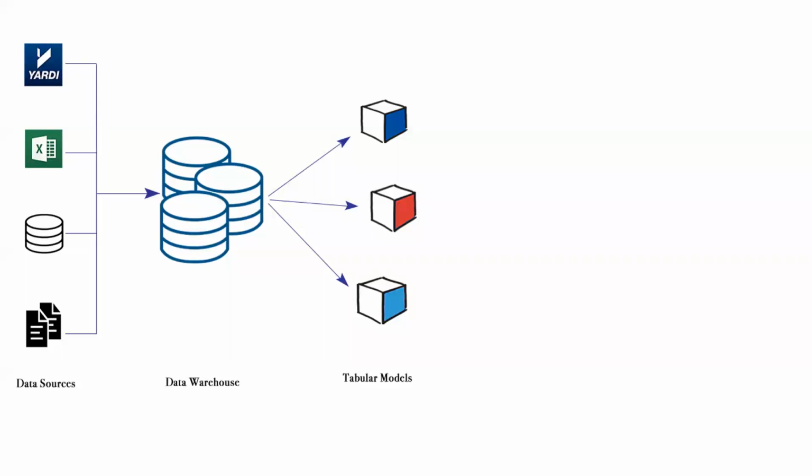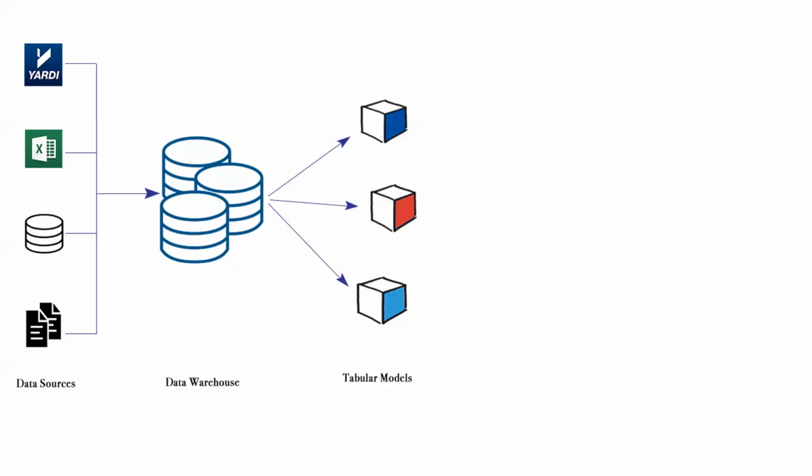And then on top of your warehouse, we will be creating the tabular models. The advantage of creating the tabular models is that the engine within the tabular model will be very high performing. So let's say you're working for a company like Apple, where your user base is around 20,000 or so, and you want to give a high performing report, then the tabular model will come into the picture.